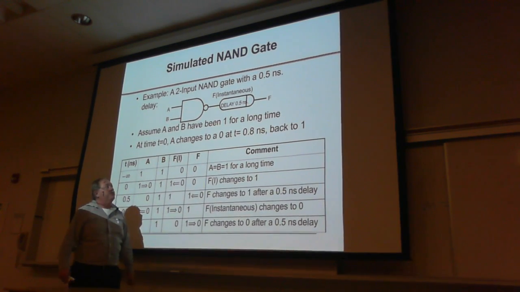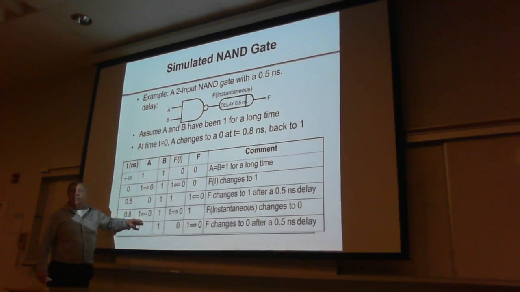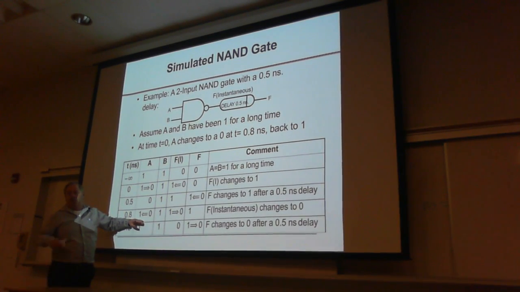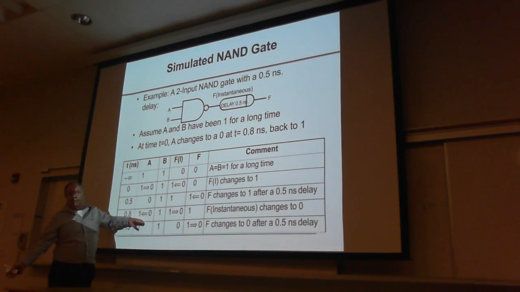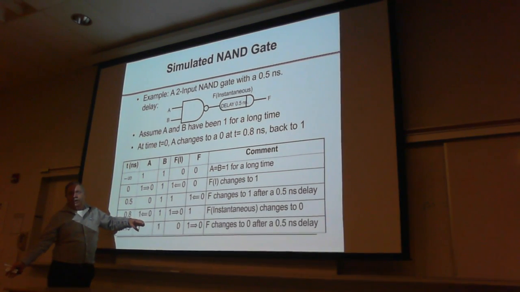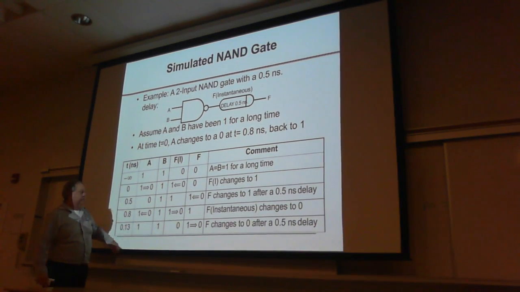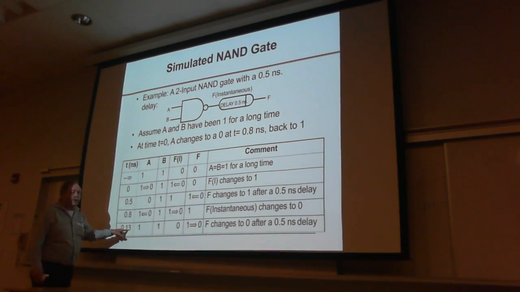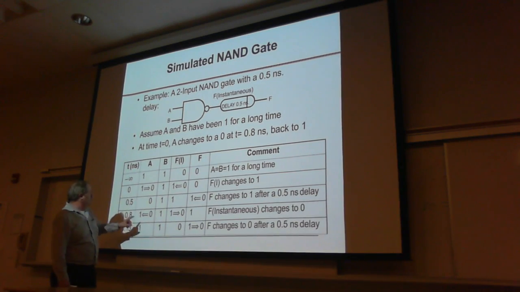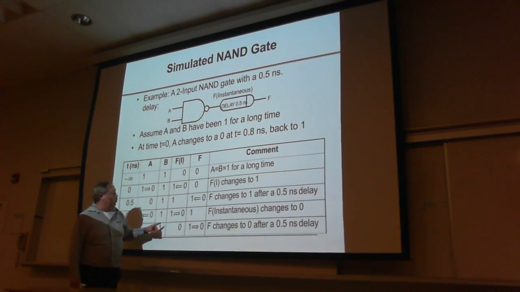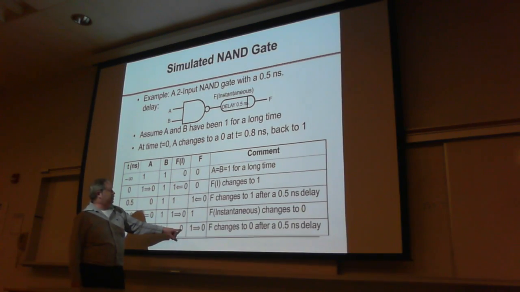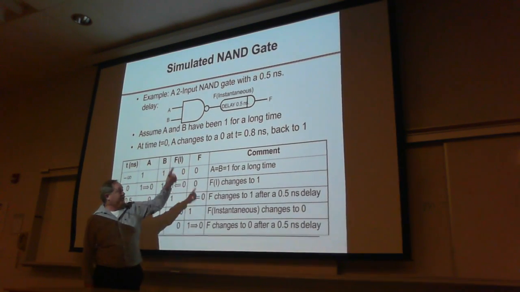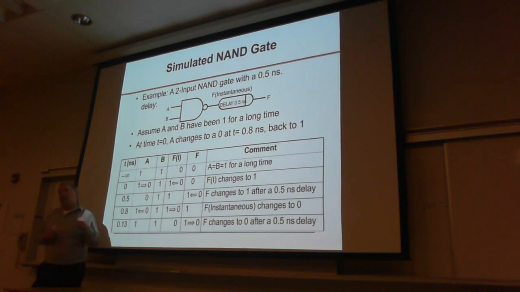Because it's going to take 0.5 nanoseconds, or 0.8 plus 0.5 equals 1.3 nanoseconds later. 1.3 nanoseconds later, oh boy, so A is still 1, B is still 1, instantaneous is still 0, and finally F itself changes. Okay? Not hard stuff, people.